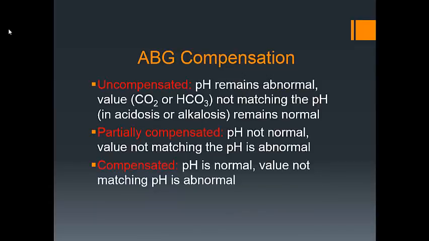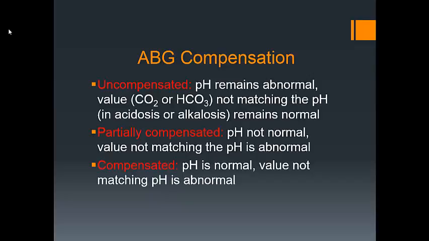Compensation. An uncompensated ABG, your pH remains abnormal. The value, meaning the CO2 or the bicarb, not matching the pH, not matching as in acidosis or alkalosis, remains normal. And when we go over some examples, this will make more sense.